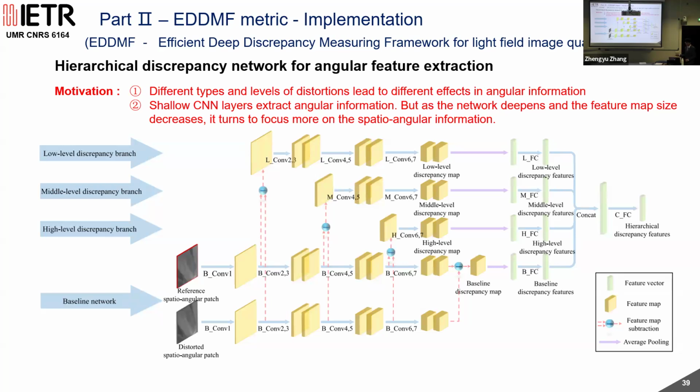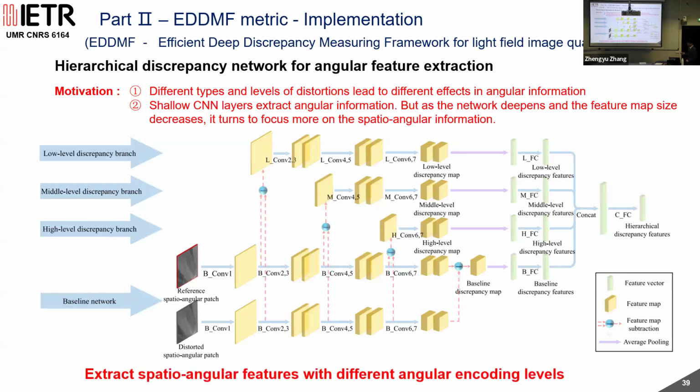Therefore, we propose this hierarchical design to extract the spatial angular features with different angular encoding levels. And then after extracting the features from all the levels, all the features are concatenated and followed by the fully connected layer to generate the hierarchical discrepancy features.